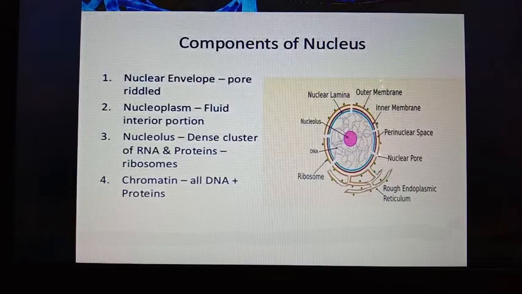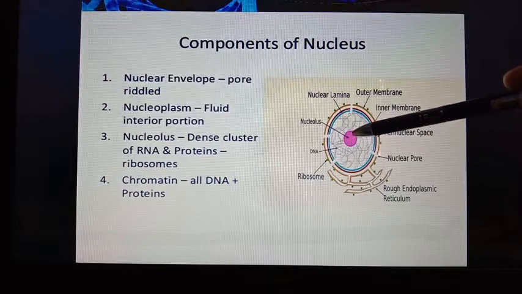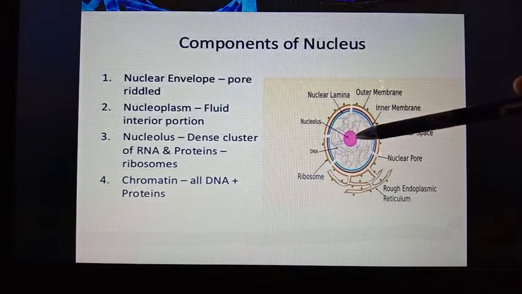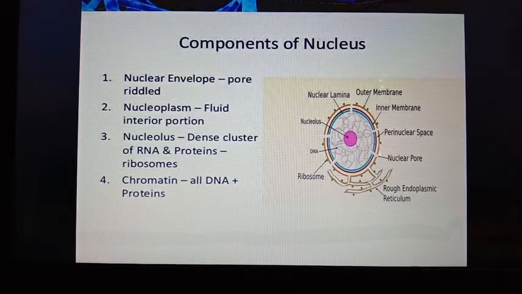Now what is nucleolus? Nucleolus is the spherical body present in the nucleoplasm. It is not bounded by any membrane, or we can call it membraneless.